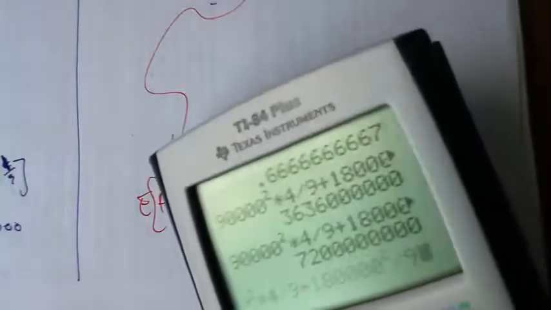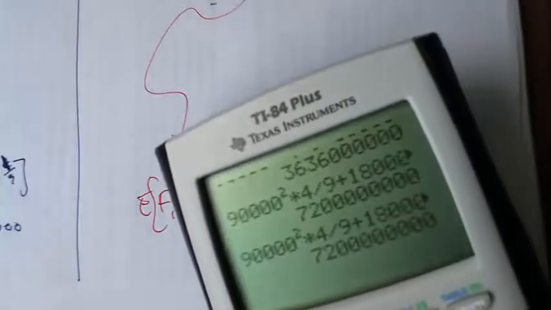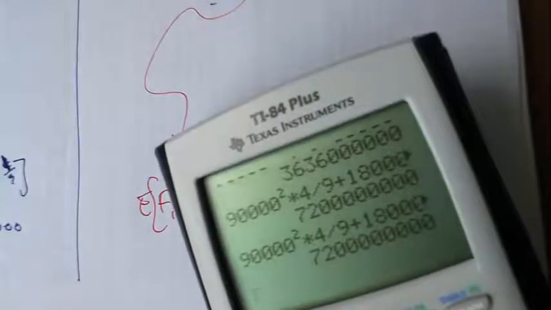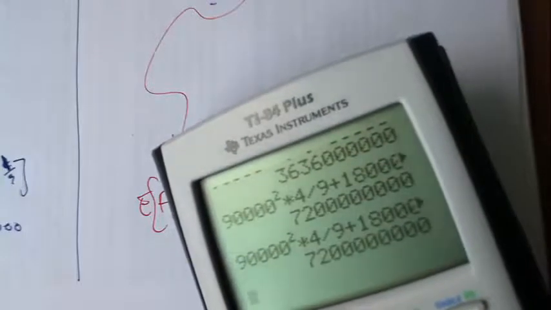That's a huge number, isn't it? Is that like 7.2 billion? Yeah, I think so. 7.2 billion. Could that be right? Yeah, it is.